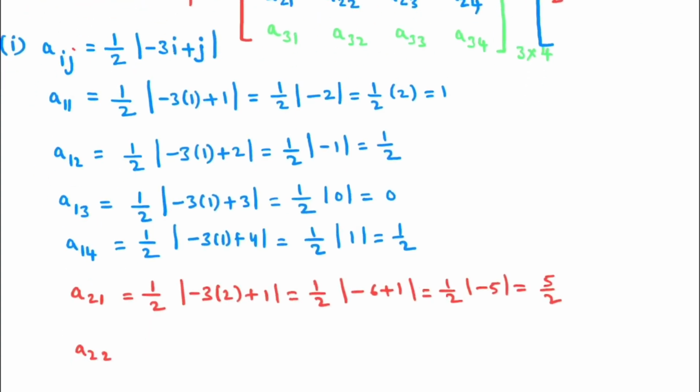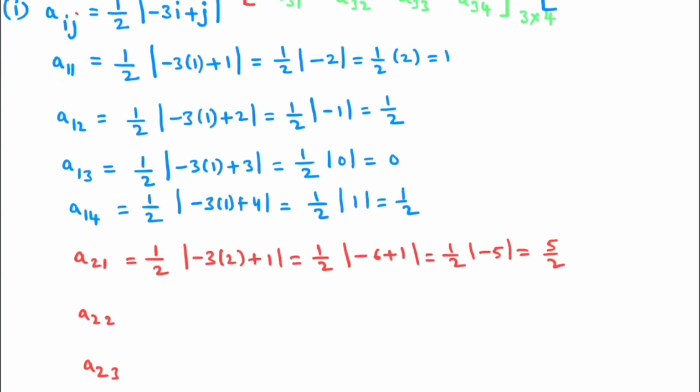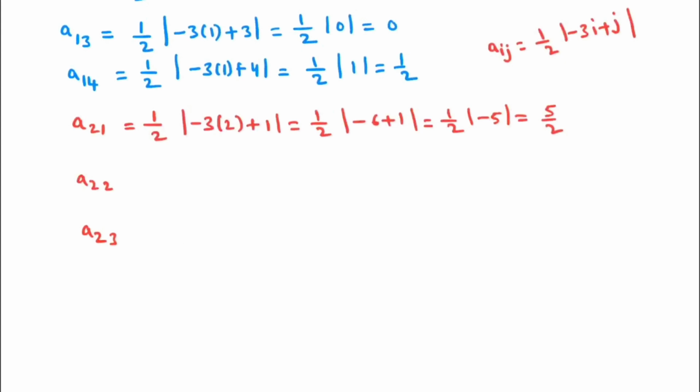Now next, what to calculate? I'll write here Aij. What is Aij? Aij is 1 by 2 into modulus of minus 3i plus j. Calculate A22. So in place of i, 2. In place of j, 2.